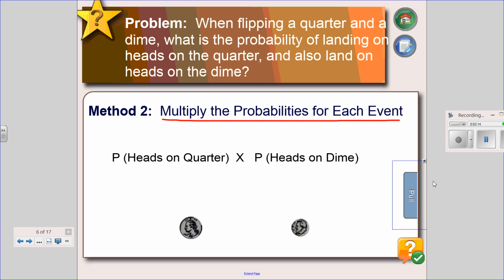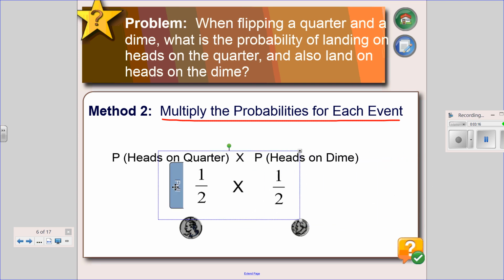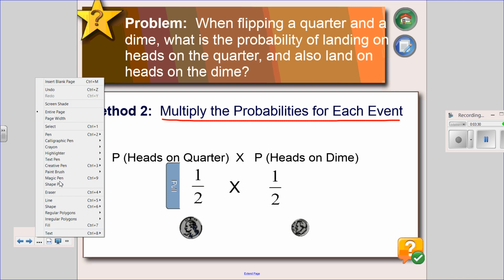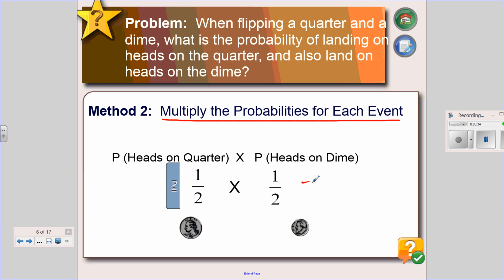And the same thing is the case for the dime. So if there is one favorable event out of two for the quarter, and I'm multiplying that times the probability of landing on heads on the dime, which is also 1/2, that's 1/2 times 1/2. Now we have to think about our fraction multiplication: we multiply the tops, the numerators, 1 times 1, the product is 1, and 2 times 2, the product is 4.